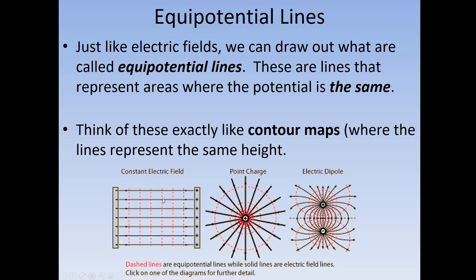Here they go up and down vertically, and then around the point charge they act like concentric circles. Again, this means that everywhere along here has the same potential. If you put an object here and an object here, they're going to have the same potential, and as long as they're the same object, same potential energy. If you put them here and here, again, they're going to be at the same potential, just like how they would be at the same elevation.